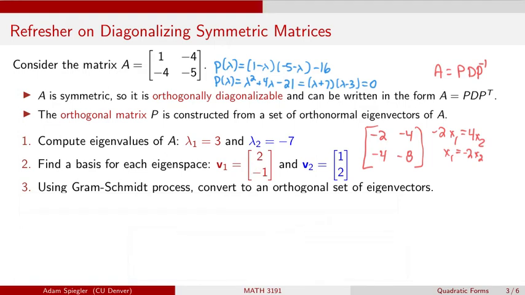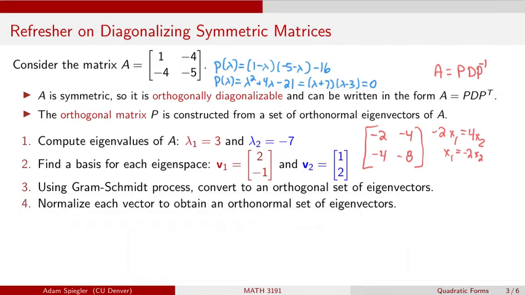If you had a double eigenvalue with multiplicity 2, it's possible that the eigenvectors you find for that eigenspace are initially not orthogonal to each other, and you may need to use Gram-Schmidt along the way, but here that's not an issue. But now we do want to normalize these vectors. For example, v1 has a length of square root of 5, and v2 also has a length of square root of 5.